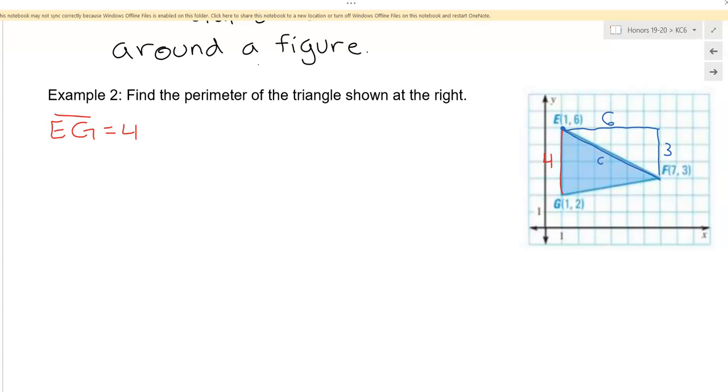So I have 6 squared plus 3 squared equals c squared. Well, 6 squared is 36, and 3 squared is just 9. We add these together: 36 plus 9 is 45.